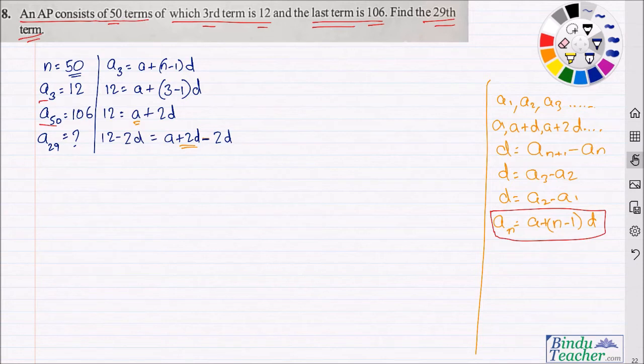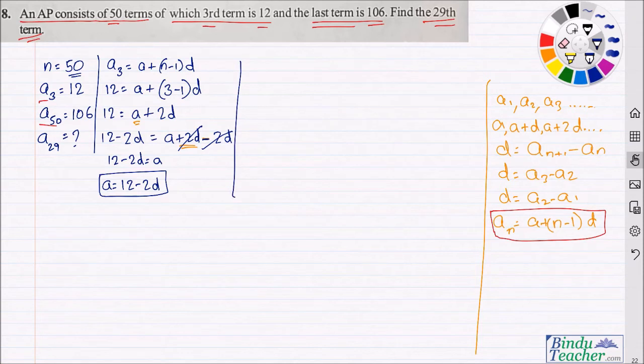By doing this, we can see plus 2D and minus 2D cancel out each other. What we get is 12 minus 2D equals A, or we can also write A equals 12 minus 2D.